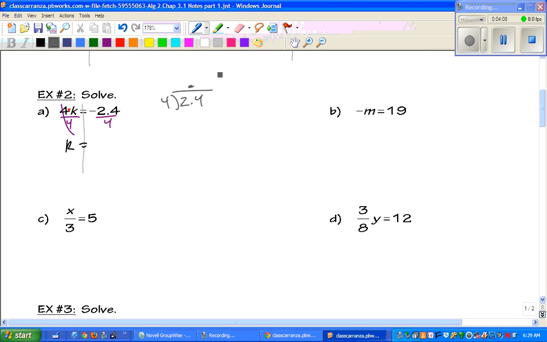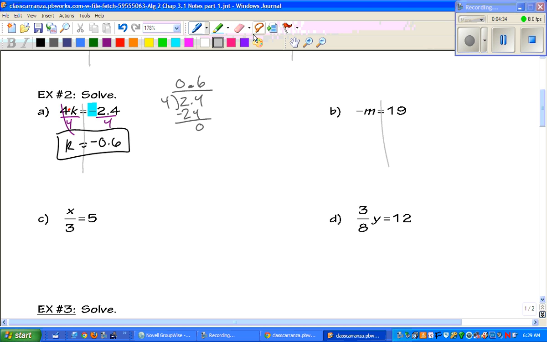I want to bring the decimal up. Does 4 go into 2? That answer is no. Now does 4 go into 24? It does 6 times. And so our answer is negative 0.6. The reason why it's negative is we have one negative number.